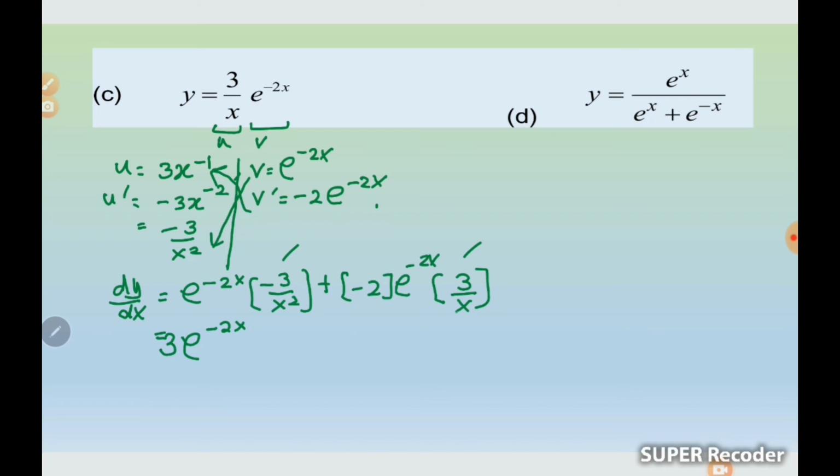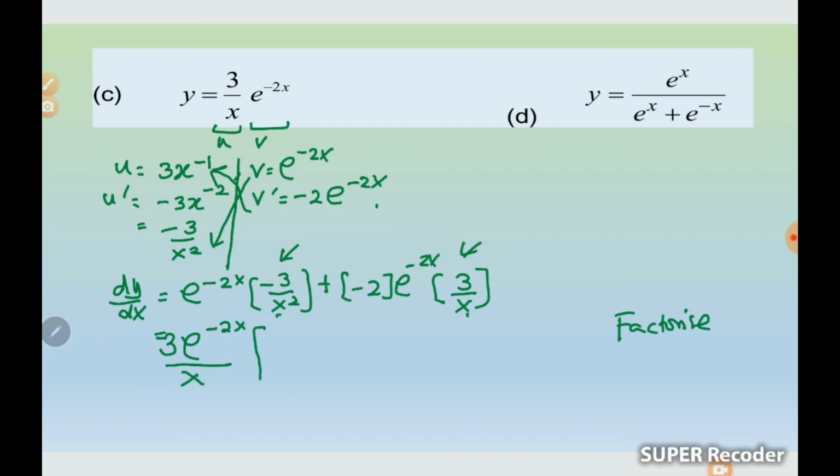Then we also have a function of x as a denominator, so we need to put it over x. So please take note, you have to factorize the same term. Okay, the same term here. So we have 3 for both expressions here, and we have e to the power of negative 2x, and we have x here.